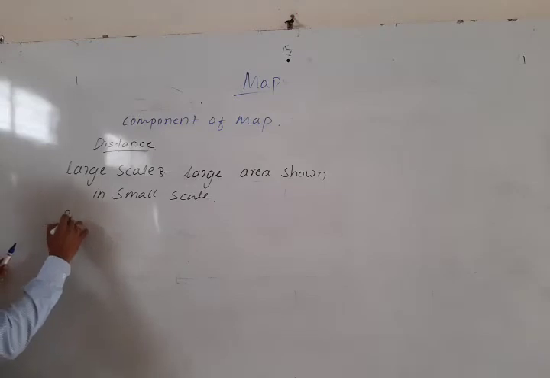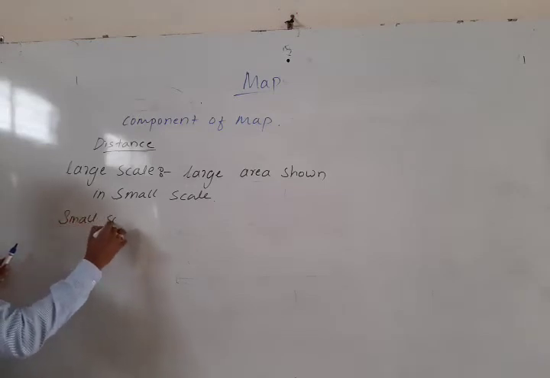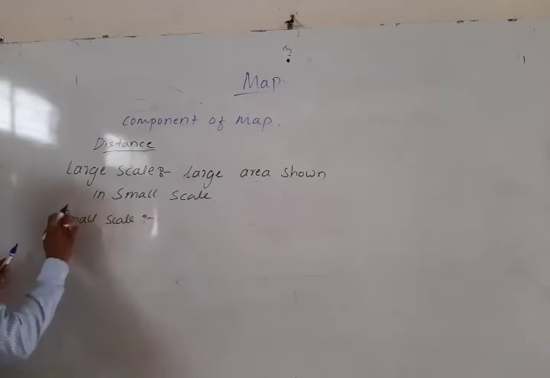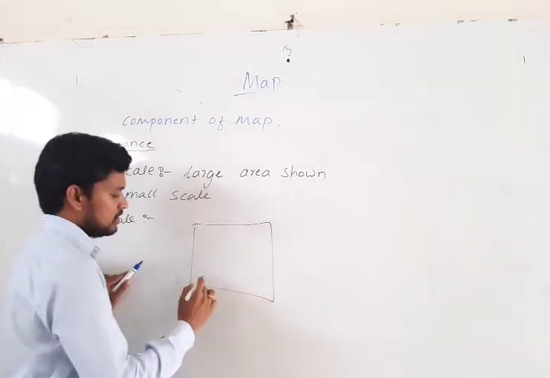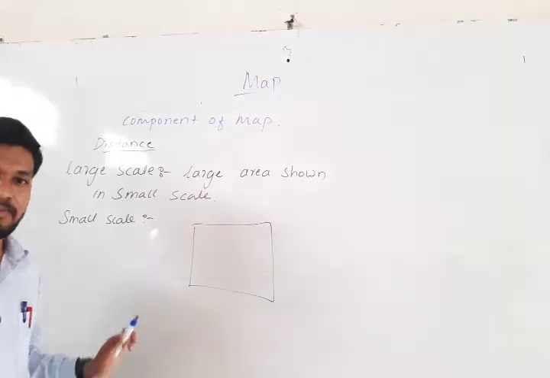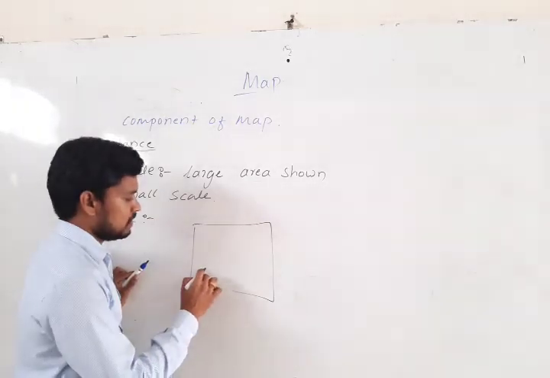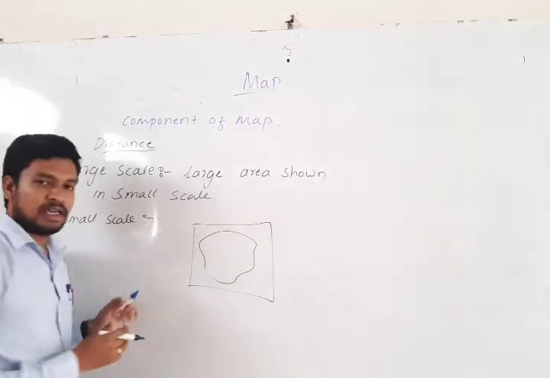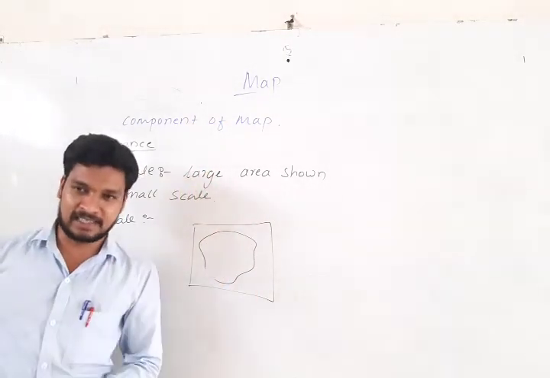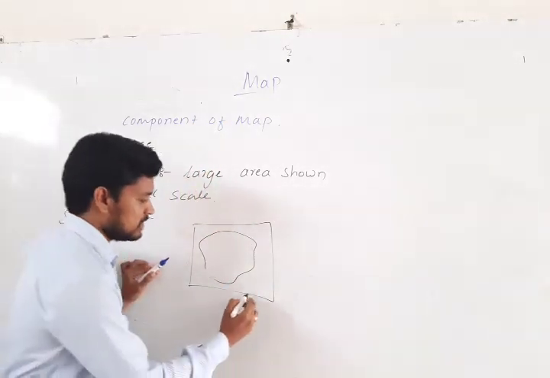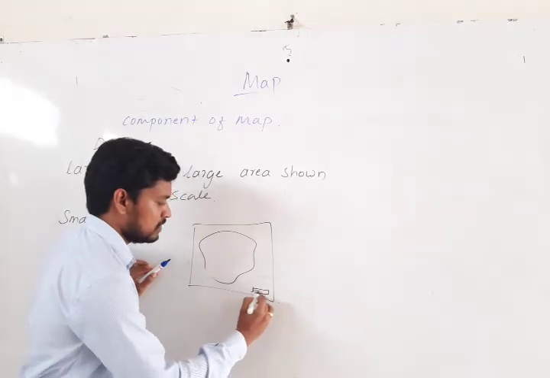Then the small scale: the small area shown somewhat broader. Suppose here we have Mudod. In comparison with India, Mudod is very small. It is a very teeny place, is it not? So this place is shown somewhat bigger.